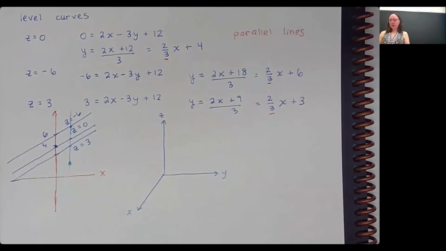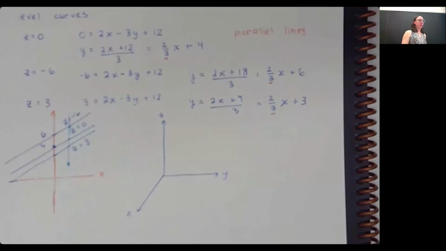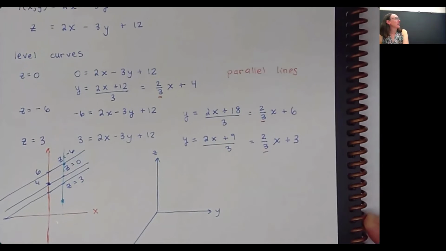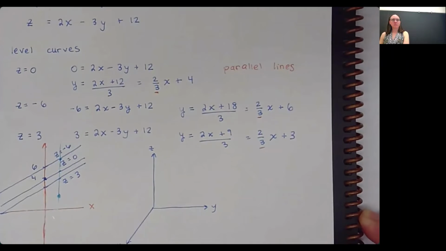By the way, I know it's a plane because all of my coefficients on the variables are 1. To draw the plane, the easiest option is to find all of the intercepts.